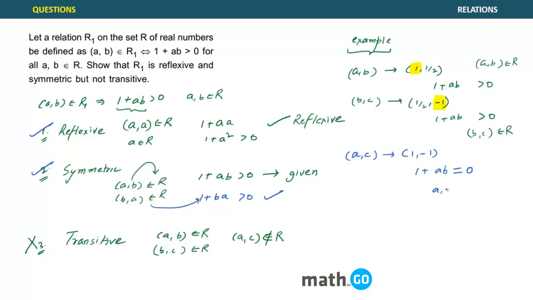So that means a comma c does not belong to the relation, right? Does not belong to the relation. So in fact, you have got one particular case where it is not transitive. That is why I would say this is not transitive. And in fact, in boards also, you can find and prove like this, where you take one particular case which does not satisfy the transitivity, then you can say the relation is not transitive at all. I hope the question is clear.